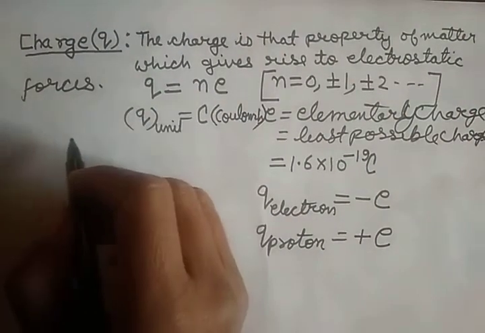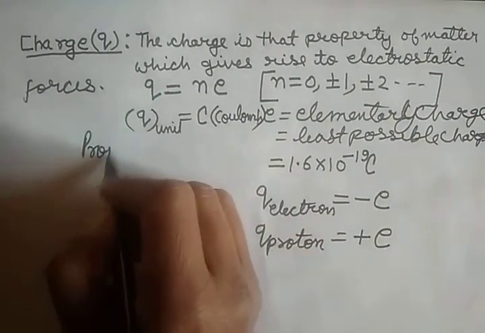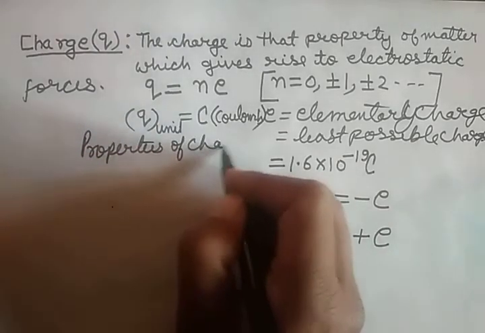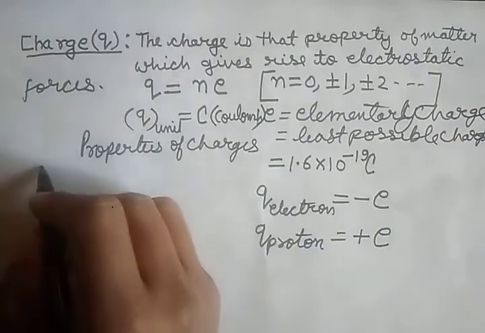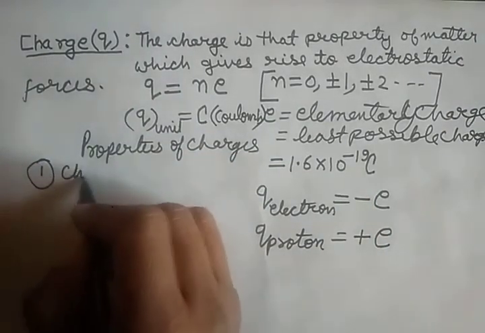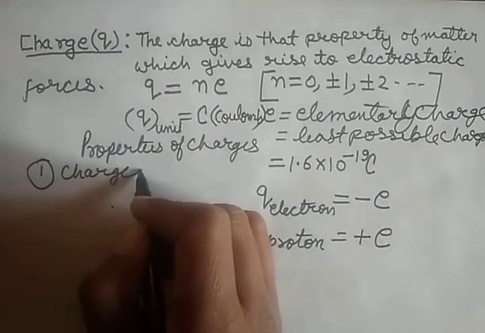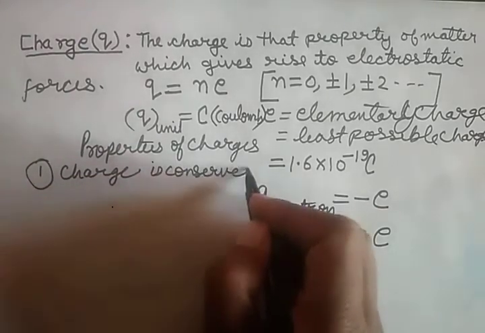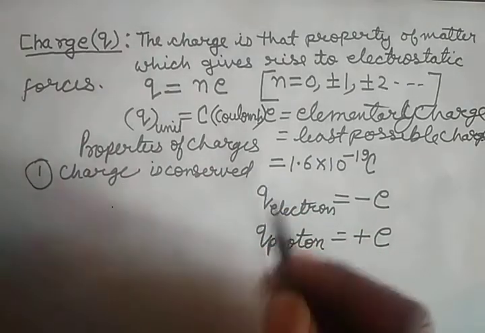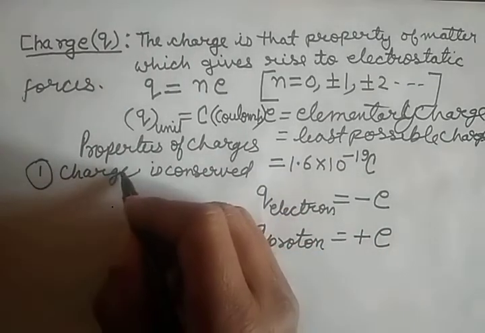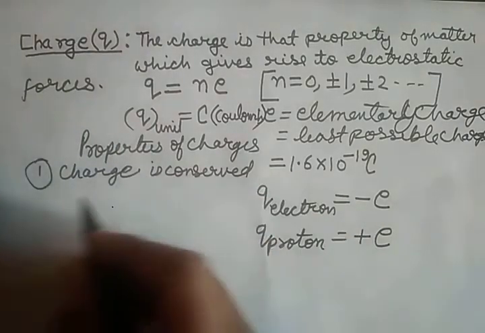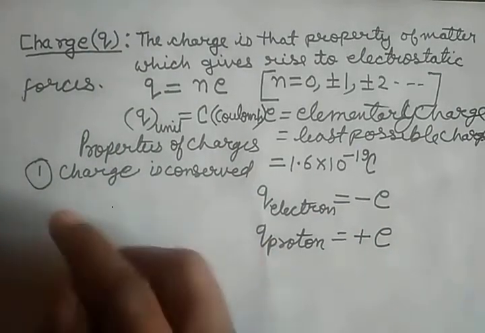So there are some properties of charges. First thing, charge is conserved. So charge can neither be created nor be destroyed. If there is charge, it can transfer from one body to another body, but it can't be created.